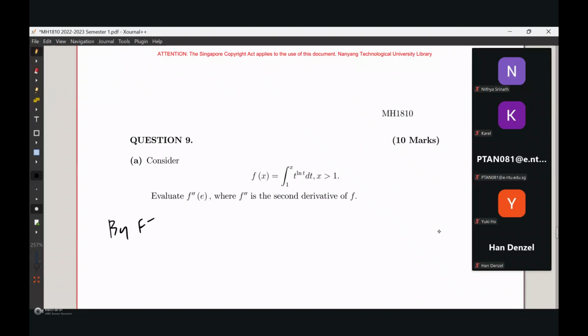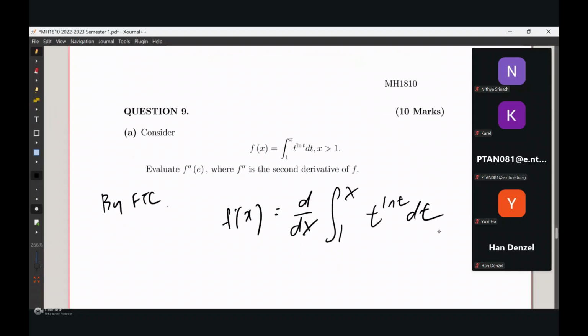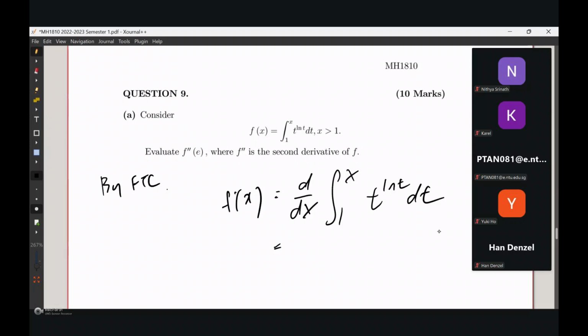By FTC, f prime x is equal to d over dx of the integral from 1 to x of t to the power ln t dt. Here you will immediately get x to the power ln x. So f prime x is x to the power ln x.